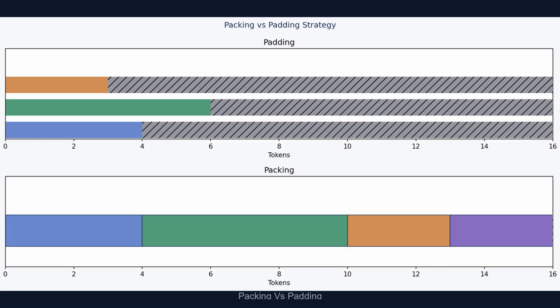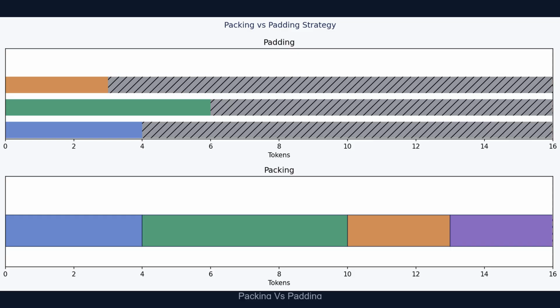With padding, every sequence is extended to match the longest example in the batch. If your longest example is 512 tokens and your shortest is 50, the short example wastes 462 token positions on padding, positions where the model computes attention scores that contribute nothing to learning.